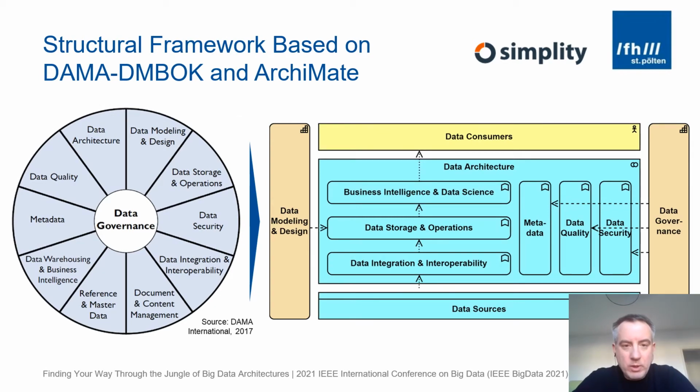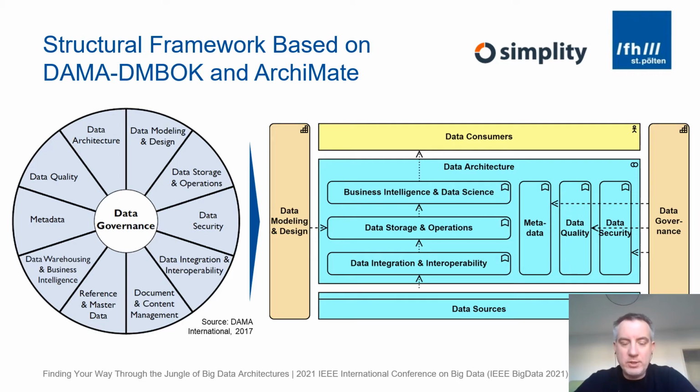So what we're trying to do in this work is to provide a bit more structured way of comparing, analyzing, and seeing the dependencies between the various analytical data architectures that have been proposed over the last few years.